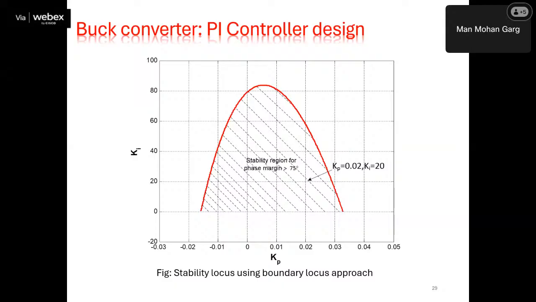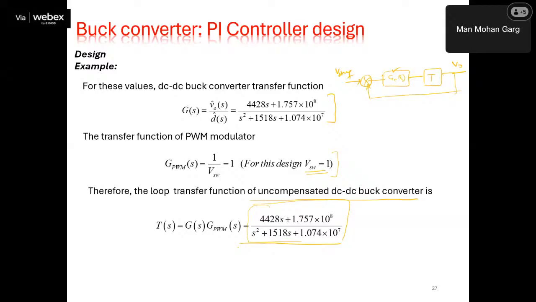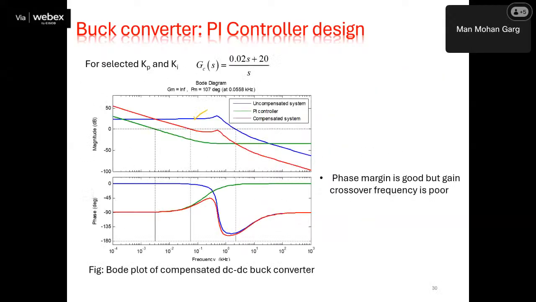If you see, it is the blue one. The blue one is the Bode plot of that transfer function, which is uncompensated. And we observed that this original system, so today we learned about Bode plot also. I am focusing on the blue one.